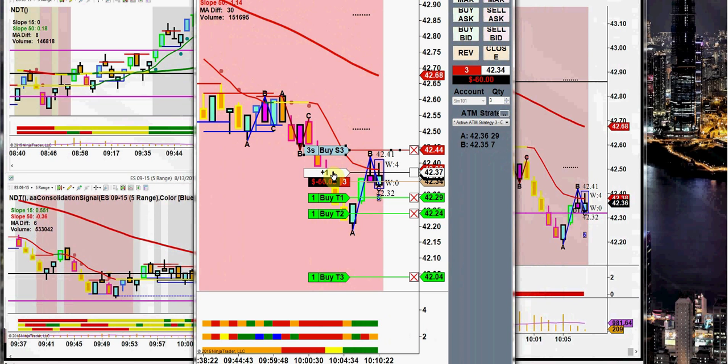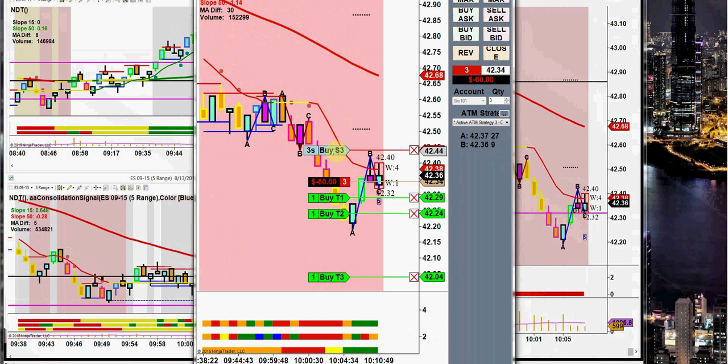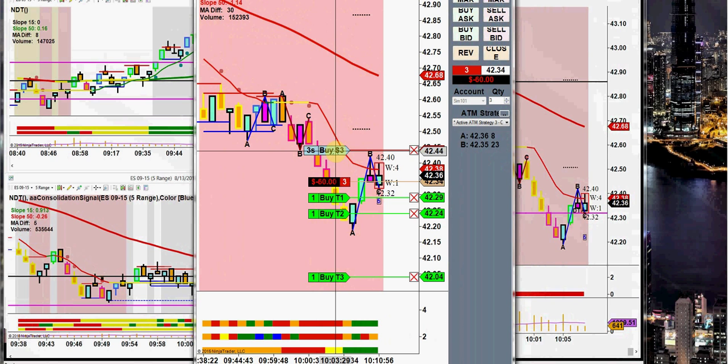Good thing about this is you can get live commentary in the trade room, so you don't have to guess about what you should be doing. As you guys just heard, if this closes as an up bar, we'll go ahead and shut this trade down.